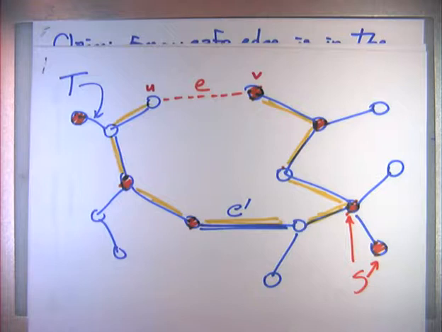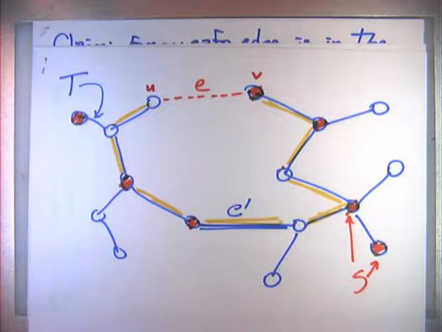I'm not saying that, at least not yet. Okay, so is everybody clear on the definitions? S are the orange vertices, E is the lightest edge that has one orange endpoint and one non-orange endpoint. T is some spanning tree that doesn't contain E. And then E prime is some other edge on the path between the endpoints of E that has one orange endpoint and one white endpoint. Doesn't matter which one.